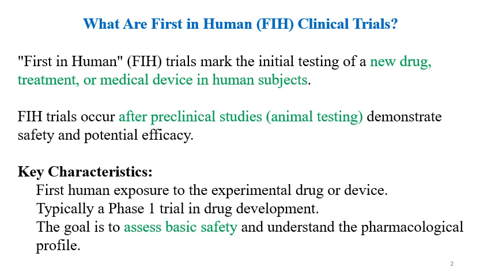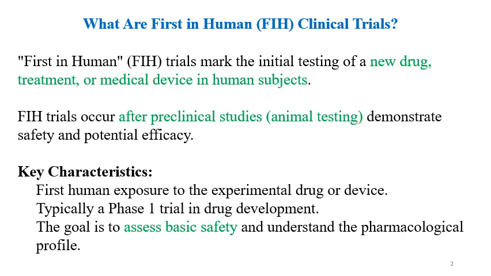So as the name indicates, first in human. Whenever new molecules or new drugs are developed, and after the preclinical testing on animals, these molecules are formulated into a suitable formulation and given to human subjects. This first-time study in human subjects is called first in human or FIH clinical trials.